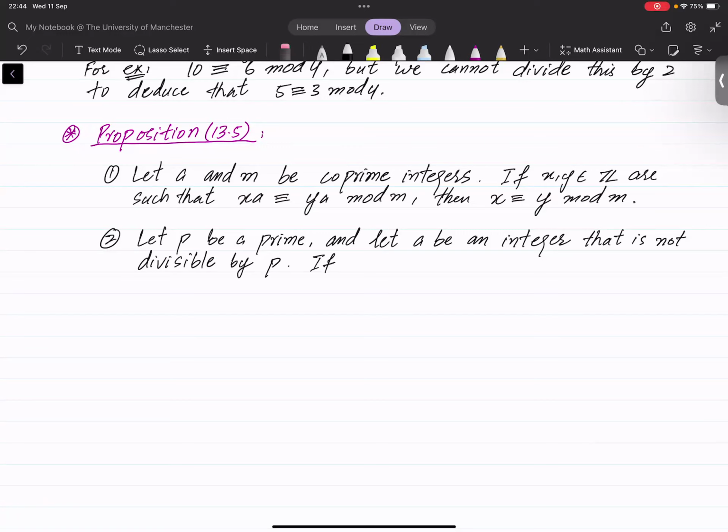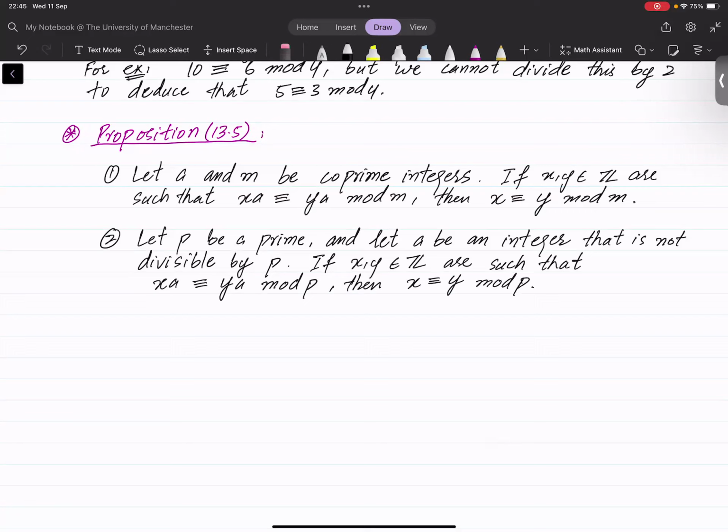Now, if x, y are integers such that xa is congruent to ya mod p, then x is congruent to y mod p.